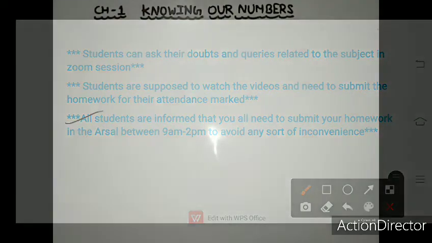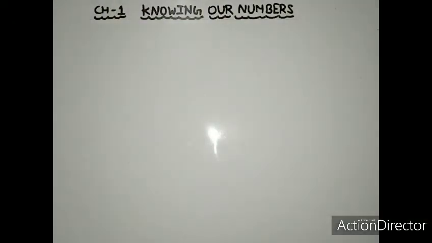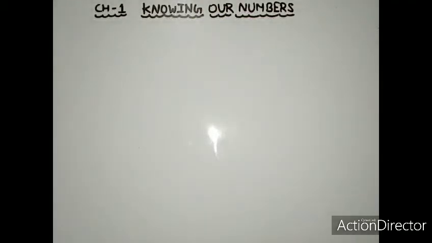Now, students, today we will discuss Roman numerals. This is a topic related to chapter number 1, Knowing Our Numbers. The numerals 0 to 9 are used in writing numbers. These numerals are Indian in origin, and the Arabs picked them up and spread them to Europe.